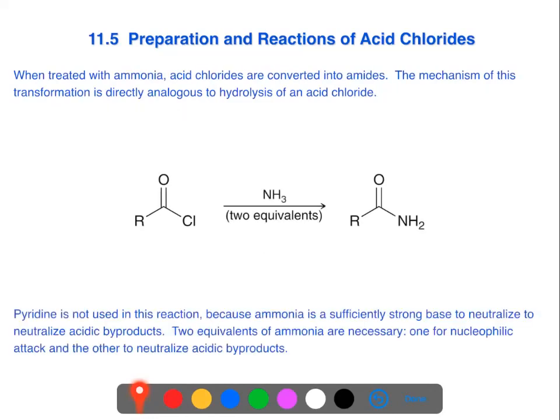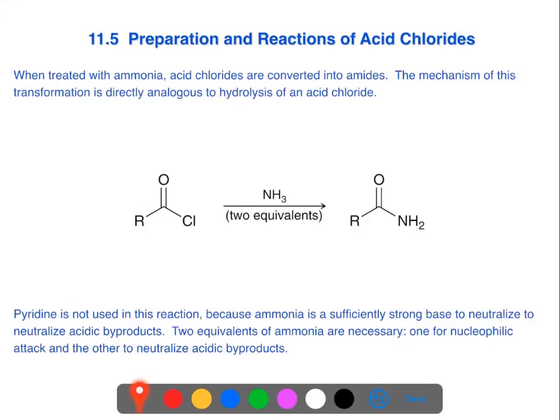Now, when we treat an acid chloride with ammonia, we can convert an acid chloride to the respective amide. And again, the mechanism is exactly the same as what we just saw. Nucleophilic acyl substitution followed by a proton transfer.